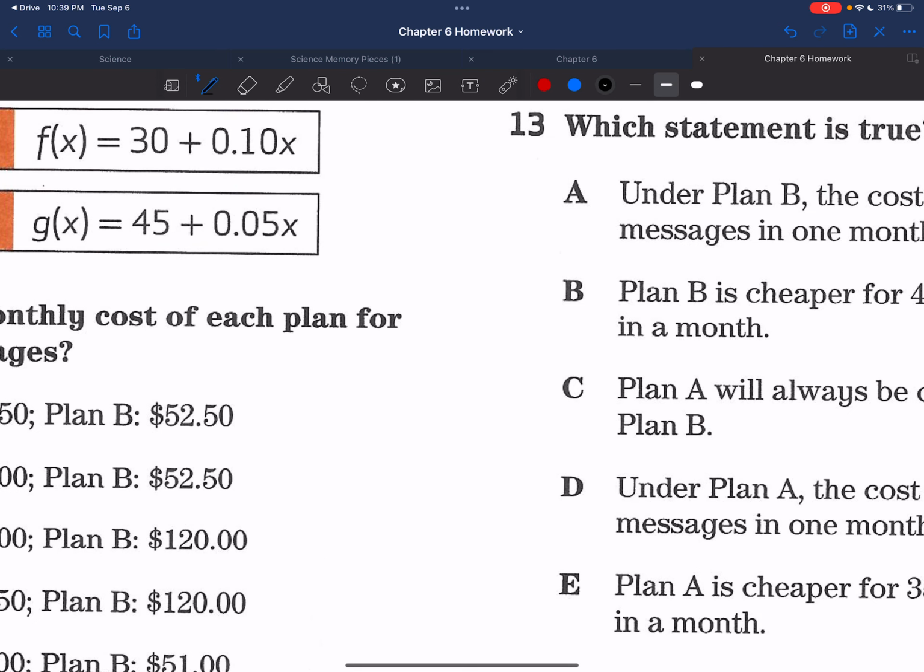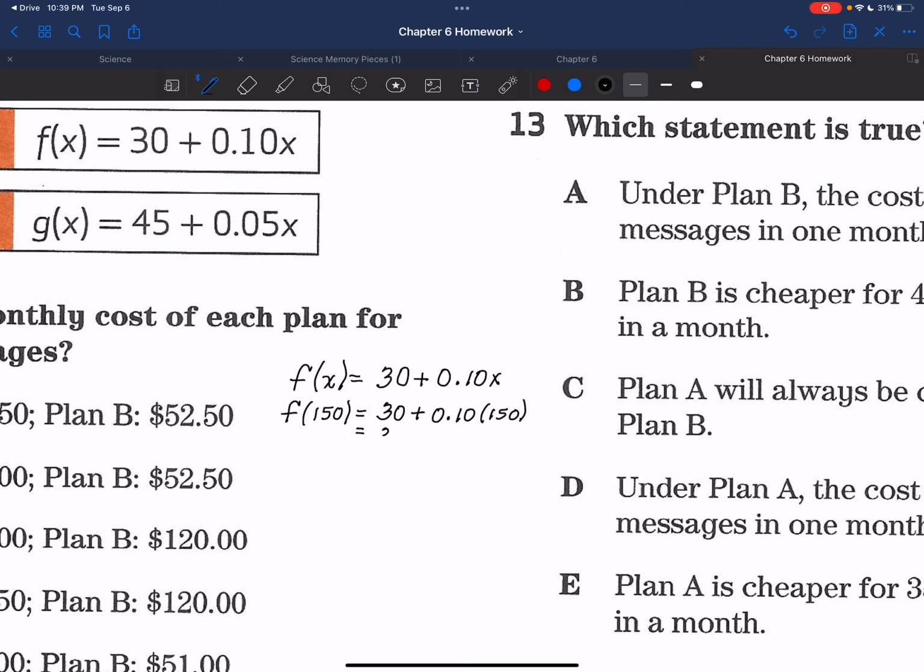So let me try to zoom in here, and I'll do f of x first. 10 cents x. Okay, so we want to know this plan when x is 150. So we have 30 plus 10 cents times 150.